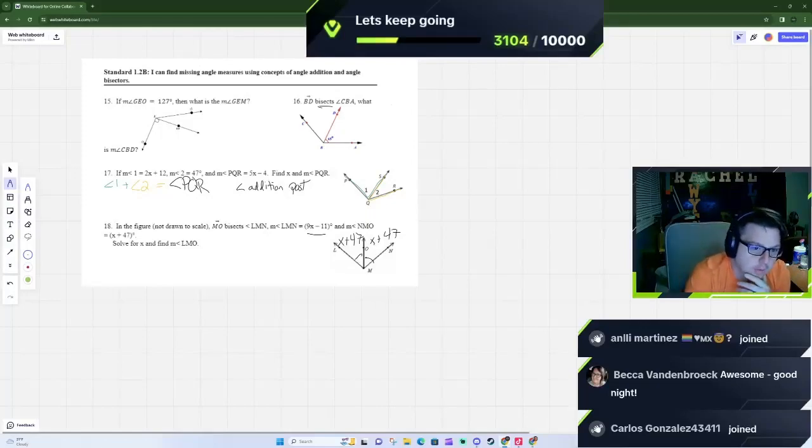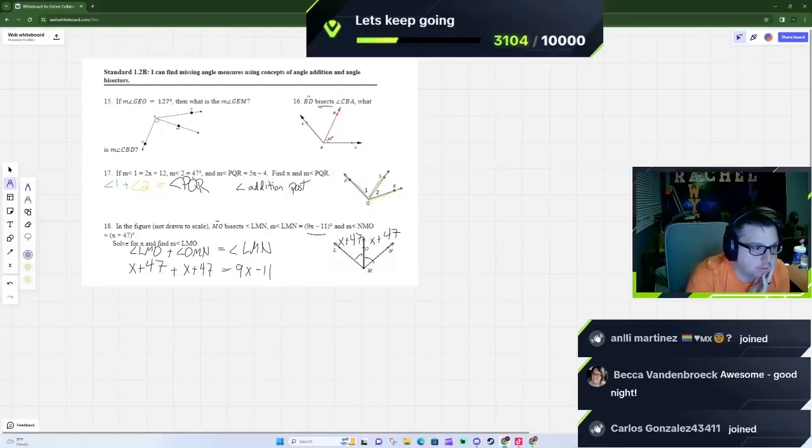I don't want to do that because I want them to have some practice in it, but this is what the setup's going to look like. We would say angle LMO plus angle OMN equals angle LMN. Okay, and then I would have x plus 47 and then x plus 47 equals 9x minus 11.